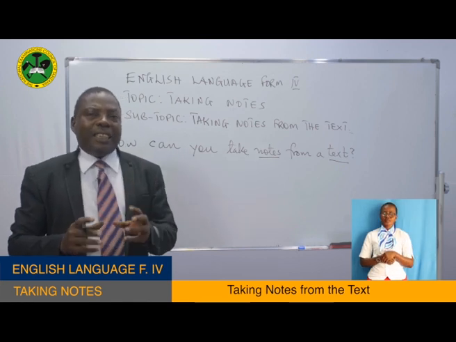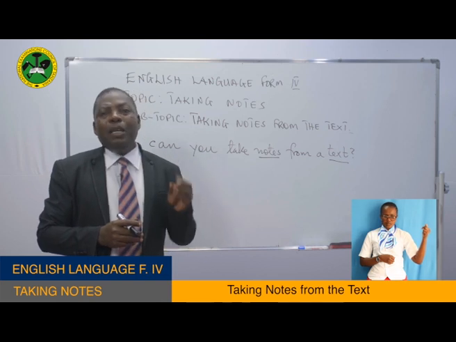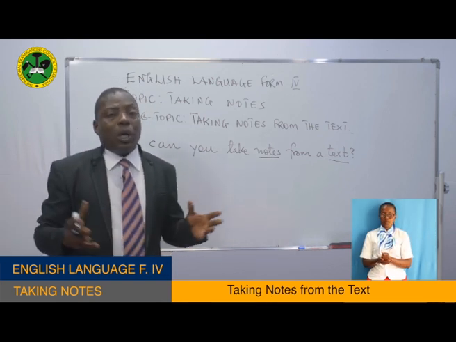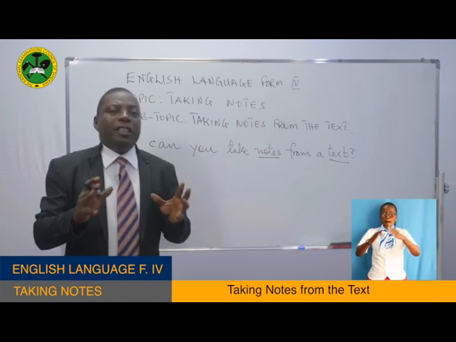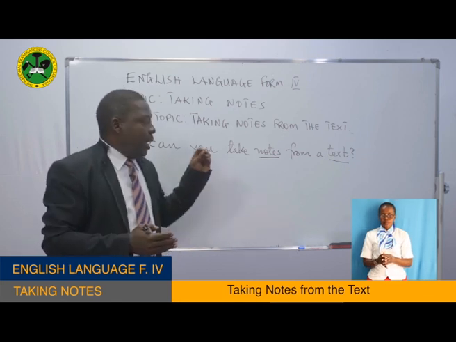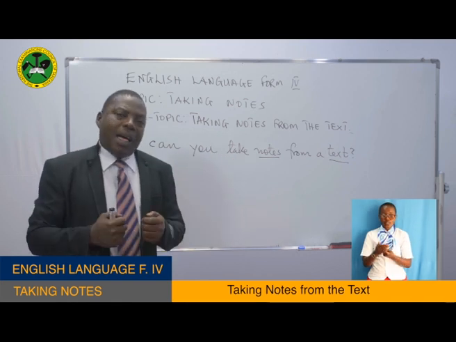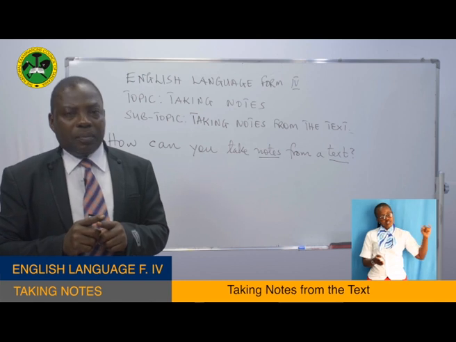A text is any form of a written material, mainly printed ones. You talk about books or magazines. So any form of a written material is referred to as a text. Out of that, a person can create notes.